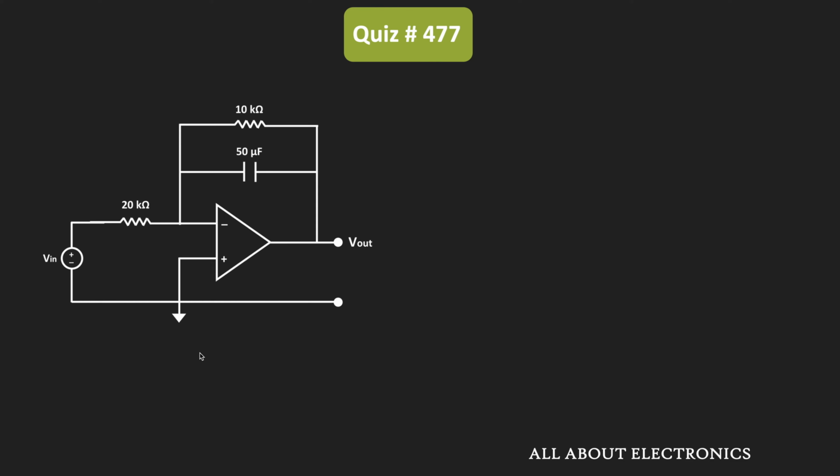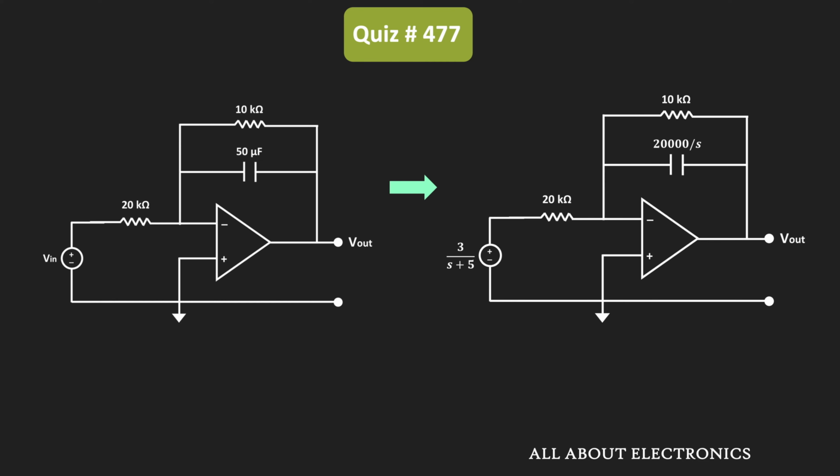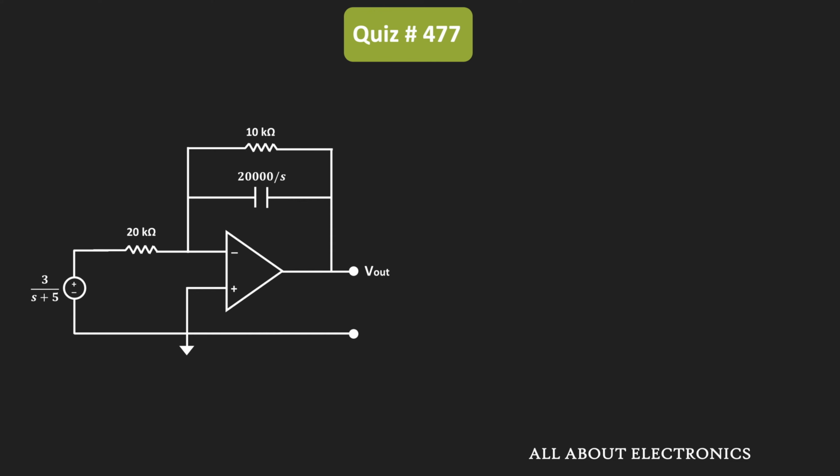Now, the equivalent S domain circuit will look like this. For this circuit, let us do the circuit analysis in the S domain and find the output voltage V out of S. Then, using the inverse Laplace transform, we can easily find the equivalent time domain expression. Let's say the voltage at this node is Vx.